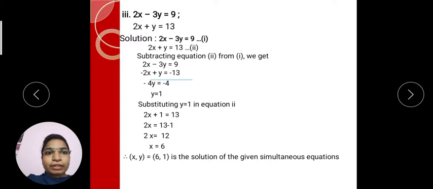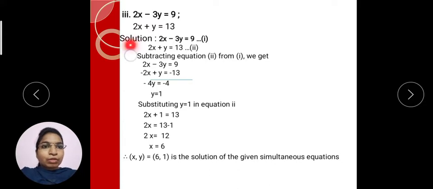How to solve it? Now listen, you can solve by the substitution method also, because y has a coefficient 1, or you can solve by elimination also. How? Because the coefficient of x, 2x, is the same. By simply subtracting you will cancel out the x term. So for your convenience you can use any method.